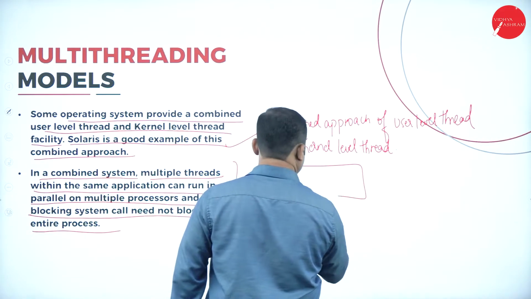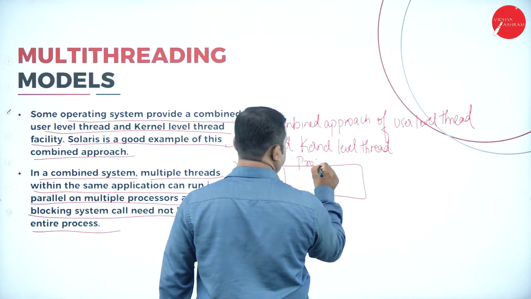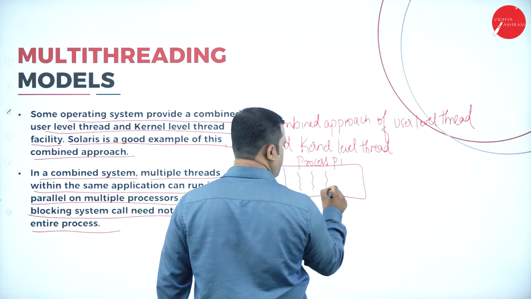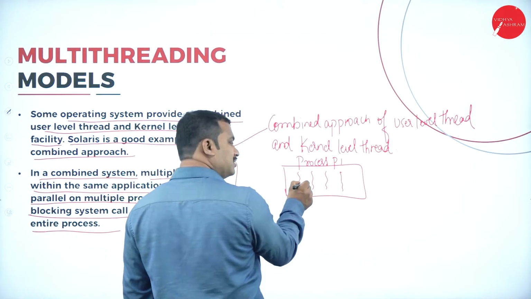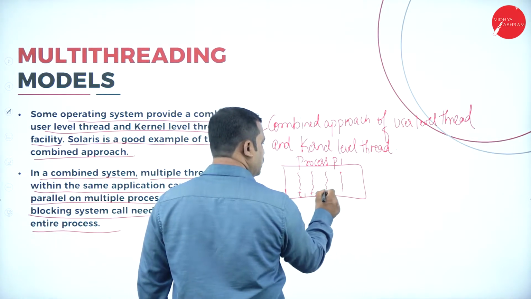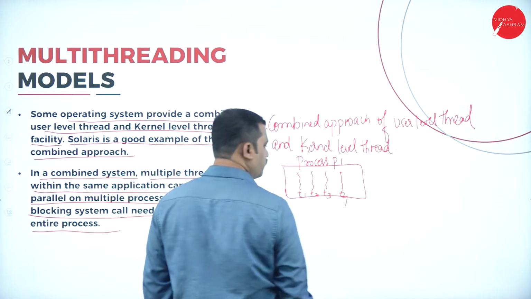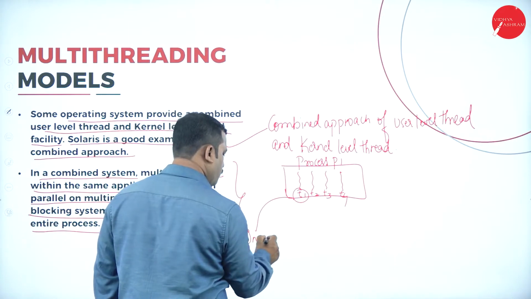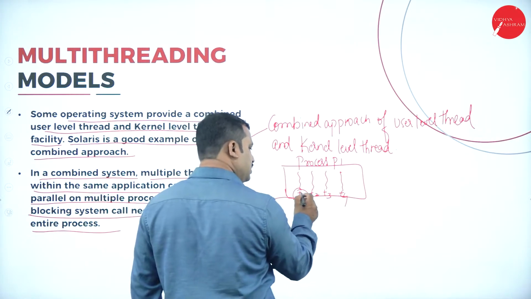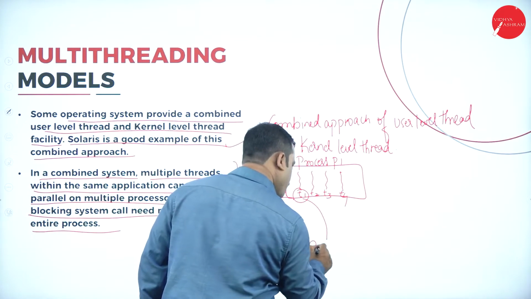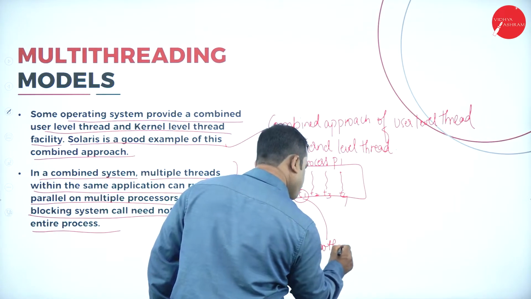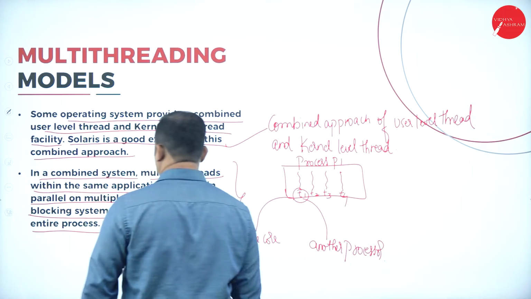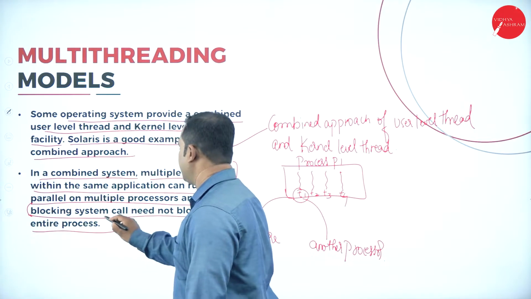If one of the process, that is process P1, is having multiple threads, that is T1, T2, T3, T4, if this T1, T2 works on one of the core and the same T2 also works on another core or another processor, that does not require any blocking system call.